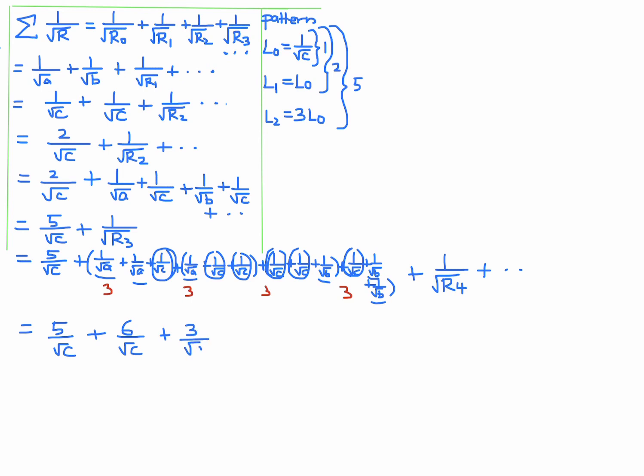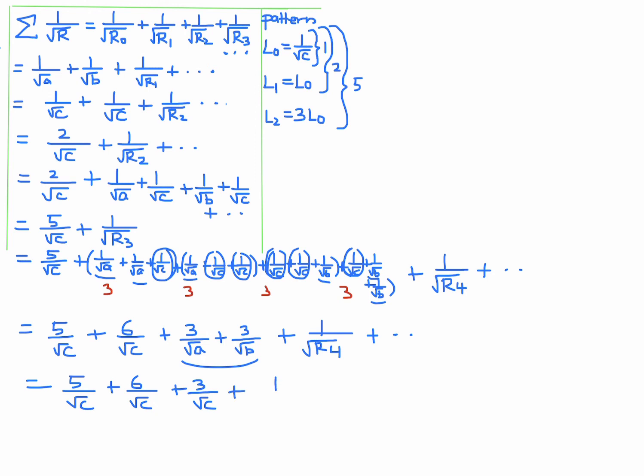So we have 3 over root A plus 3 over root B. And then we've got this continuation. And this combines to become just 3 over root C. So we've got 3 over root C. And then therefore, this can all be combined into 5 plus 6 plus 3, 14 over root C.